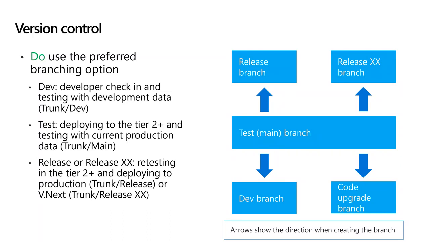We often have another branch similar to release if there's another phase of the project going on that we want to keep changes separate from production until the go live of that phase. In this diagram, the arrows show the direction when creating the branch, not the direction of code flow.